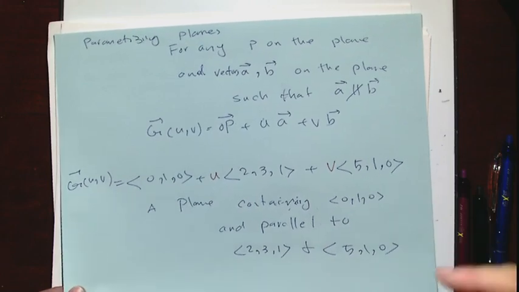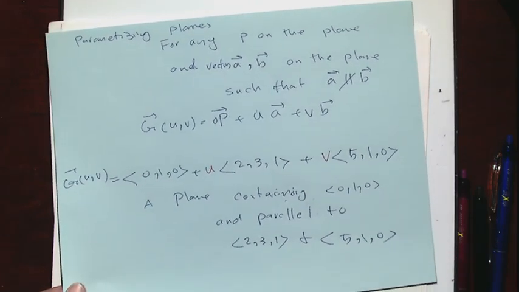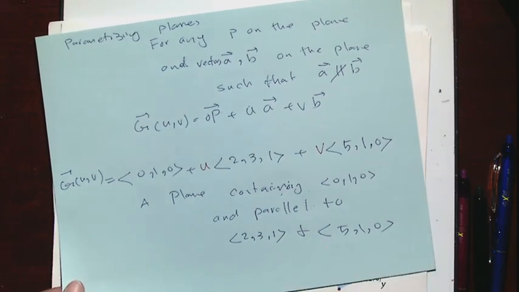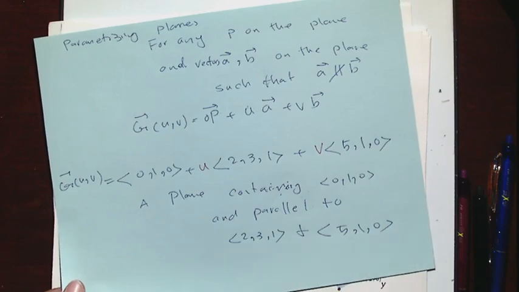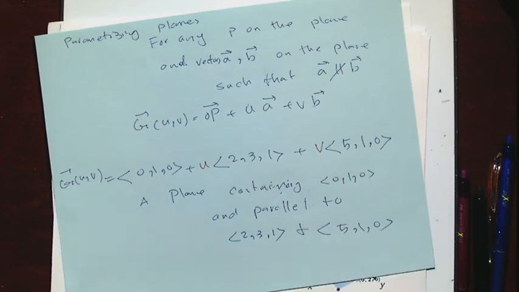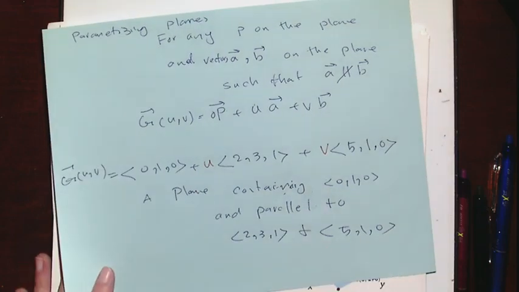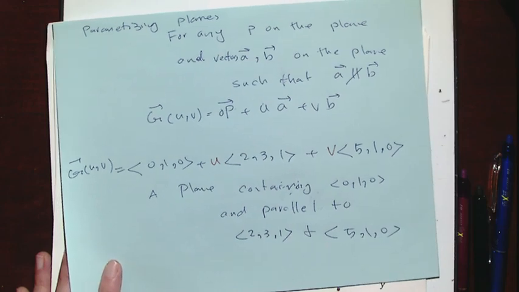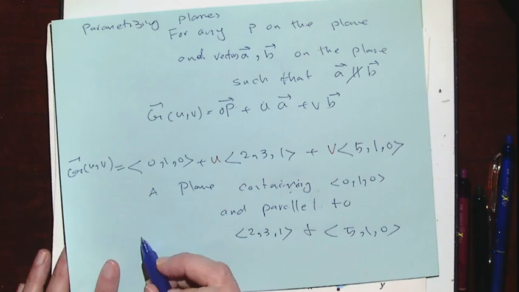But then this causes a problem. What is the equivalent to a line segment? Line segment to line is equivalent to what to plane? Can anybody tell me? What, a finite thing. Think of a finite thing in a plane. How do you draw a plane?